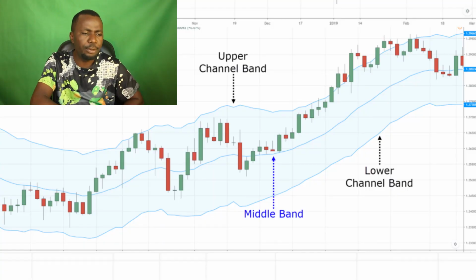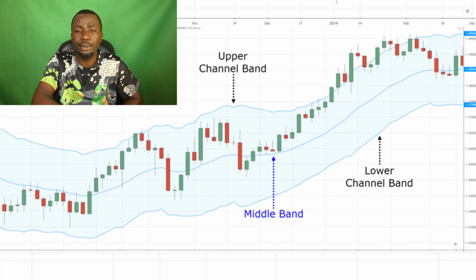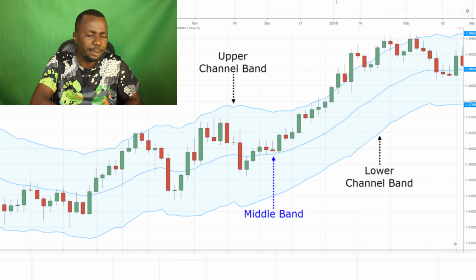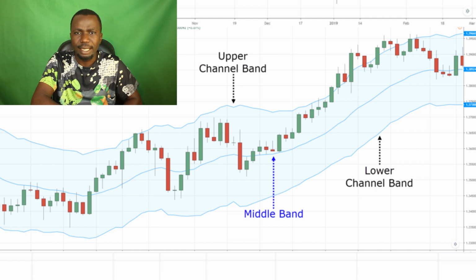Then during a trending market, when the market is seriously in a strong trend, either uptrend or downtrend, what you are going to make use of is the middle line, which is the mean, the 20 EMA. So whenever the price is in a strong uptrend, where you are expected to place your buy trade is at the middle line. Whenever the price gets to the middle line, you place your buy trade, right?